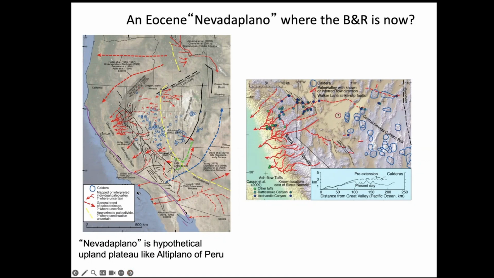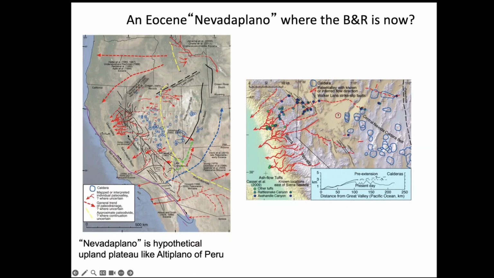So the idea is that Nevada was an uplifted region, and these arrows are showing you old stream valleys that flowed off of it. The location of these ancient canyons is well known because they were sites of alluvial gold that were mined extensively during the middle of the 19th century, right?